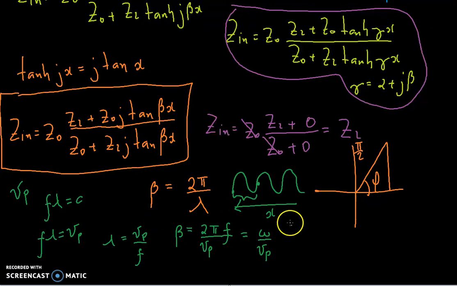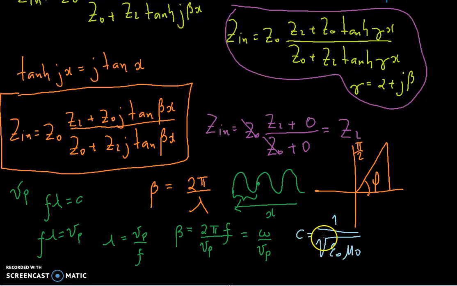which is equal to, if you remember, the speed of light is equal to 1 over the square root of epsilon naught times mu naught. And this is the dielectric constant of empty space. So this is the permittivity of free space, and this is the magnetic constant, the permeability of free space.